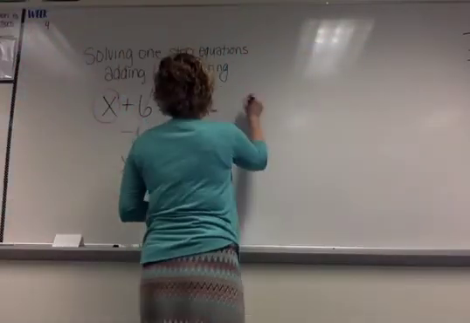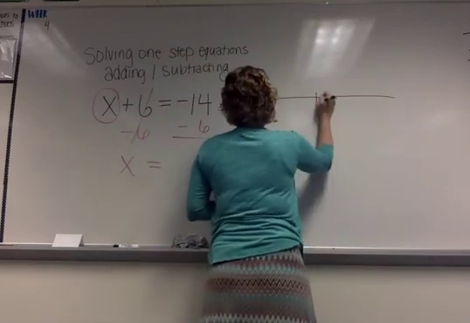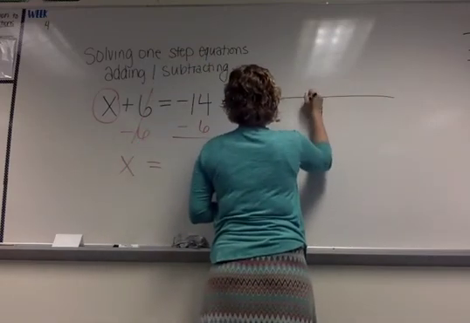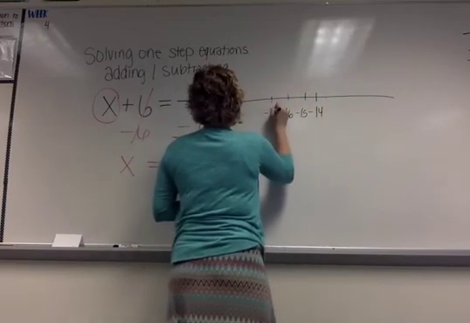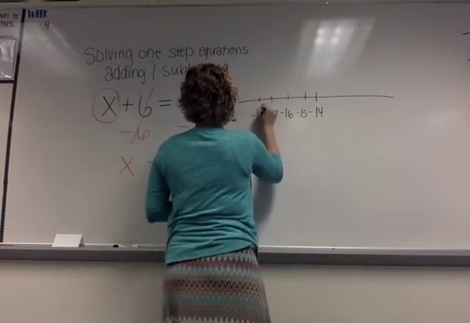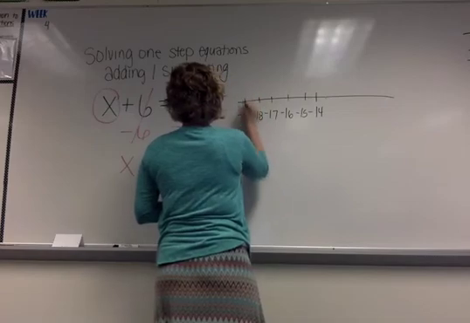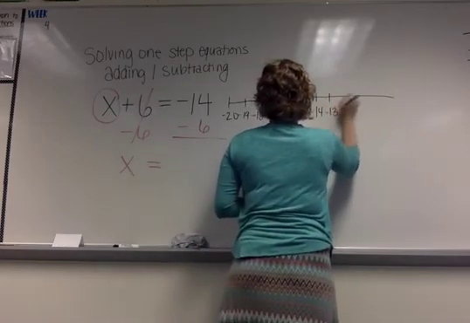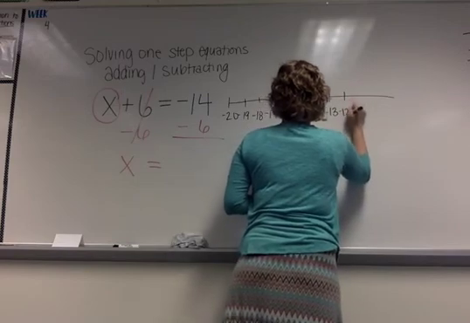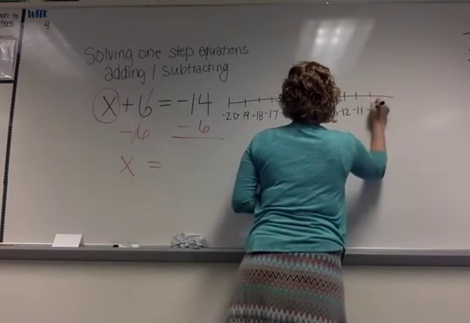I'm going to go ahead and draw a number line just to remind everybody. So I have negative 14, negative 15, negative 16, negative 17, negative 18, negative 19, negative 20, and then negative 13, 12.